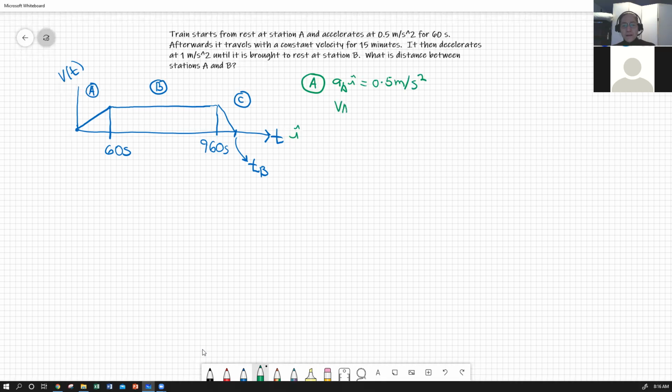Our velocity, whenever we're going forward, and the acceleration is constant, is velocity at any time equals 0.5 meters per second squared times t plus our initial velocity, which was? Correct. Started from rest. Okay. So our position within A at any time is integrate again.